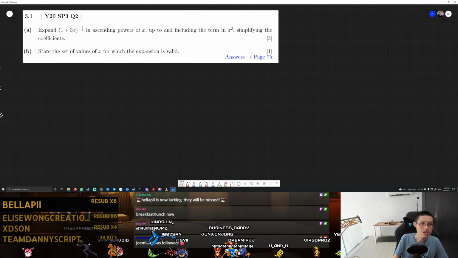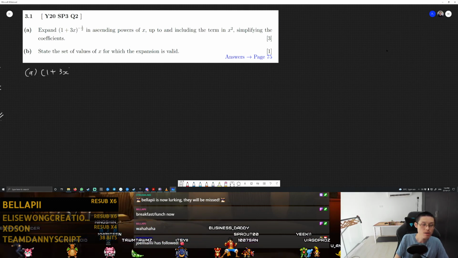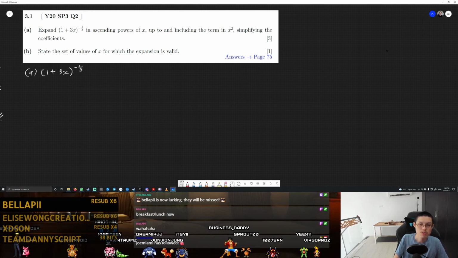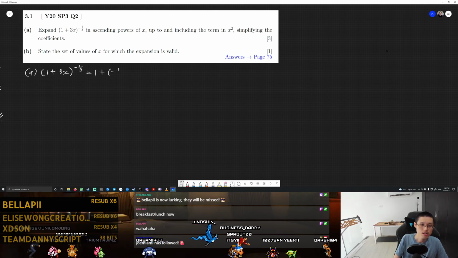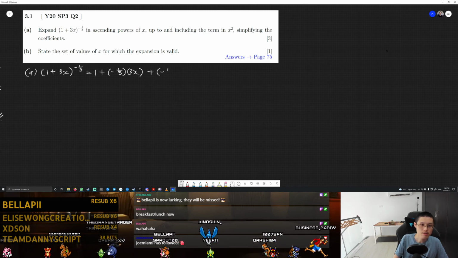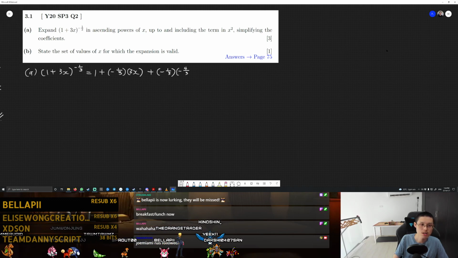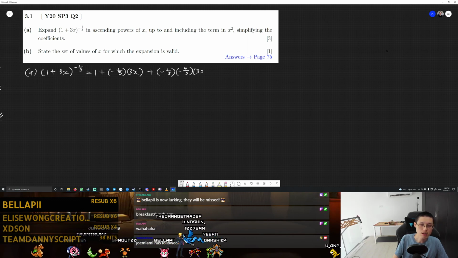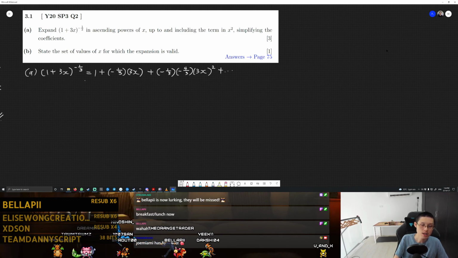Okay, expand 1 plus 3x to the power of -1/3 in ascending powers up to x squared. So that's going to give me 1 plus -1/3 times 3x plus -1/3, and then we take -1/3 minus 1, which gives us -4/3, and then multiply that with 3x squared, and we're done.